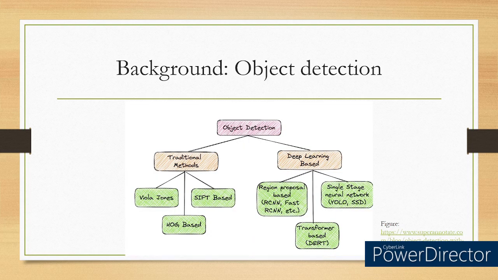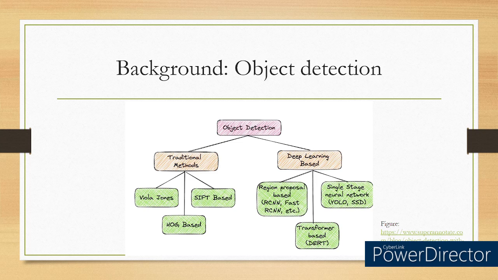Object detection can be categorized into the following six methods, including traditional methods and deep learning-based methods. The first method is Viola-Jones. It's an example of the traditional approach, utilizing Haar features and an AdaBoost classifier to swiftly and accurately detect objects in images.